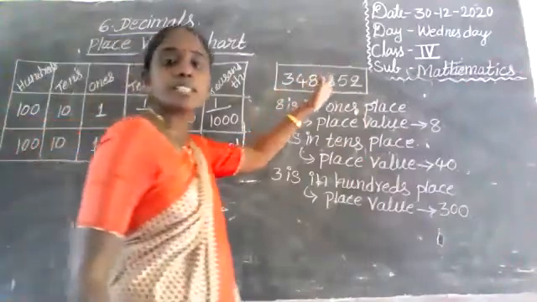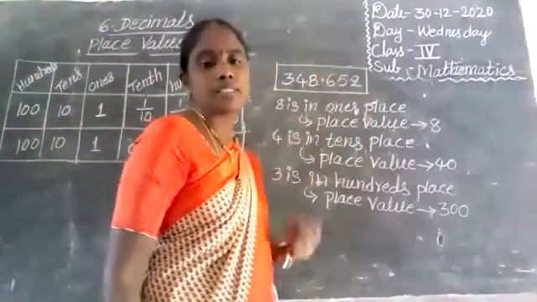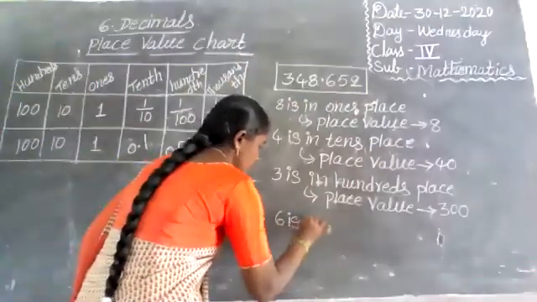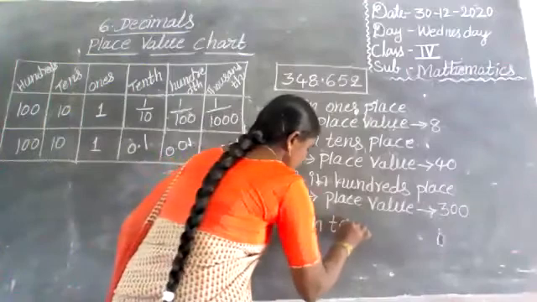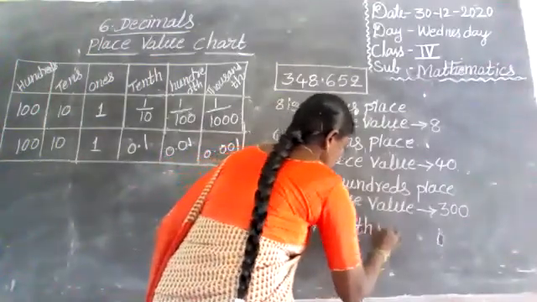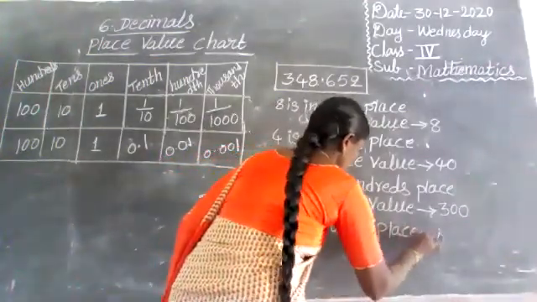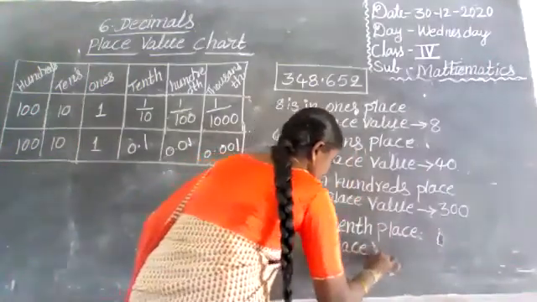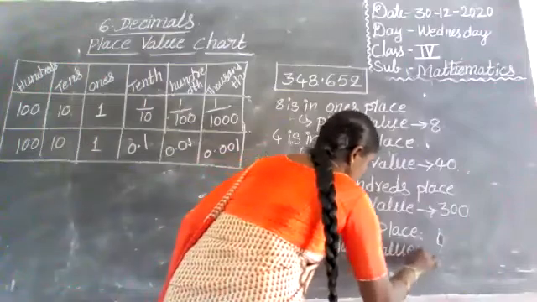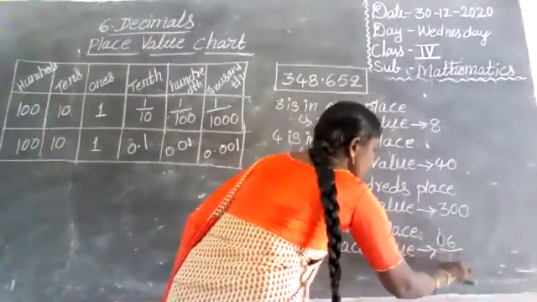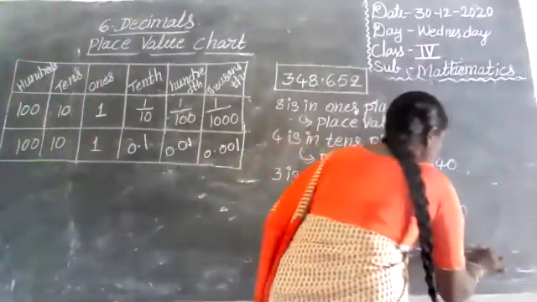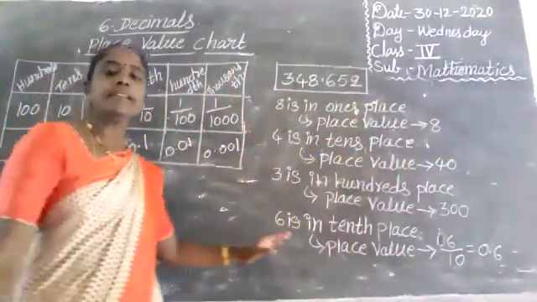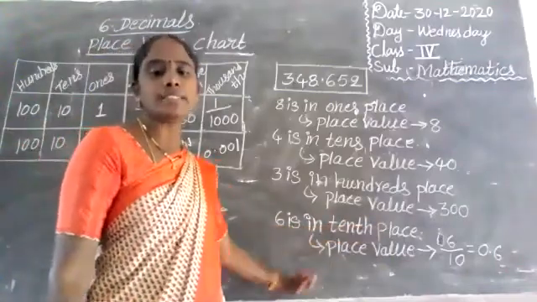Next, 6 is in the tenth place, so the place value is 6 by 10, that is 0.6.